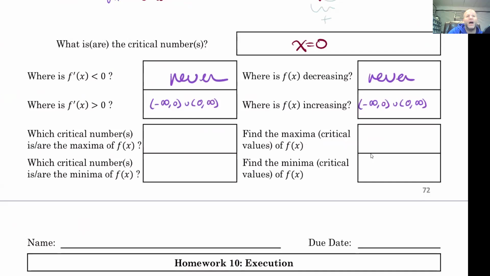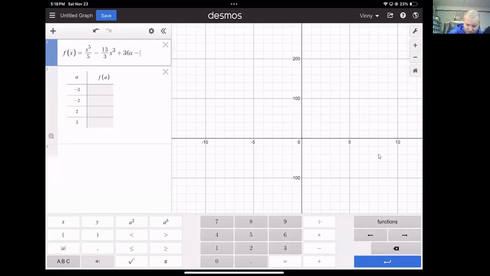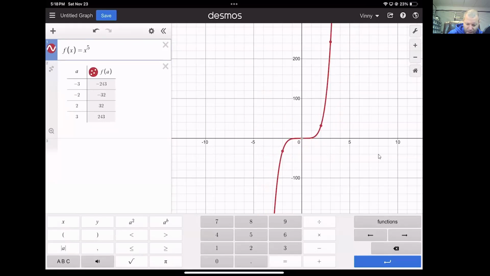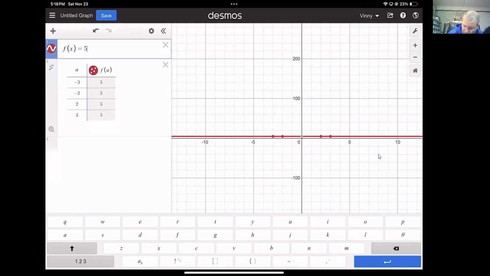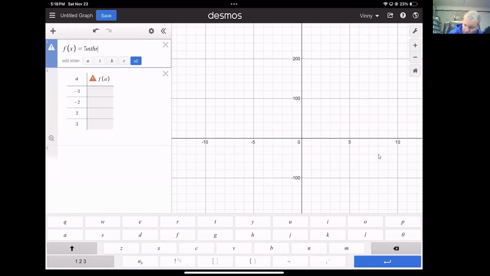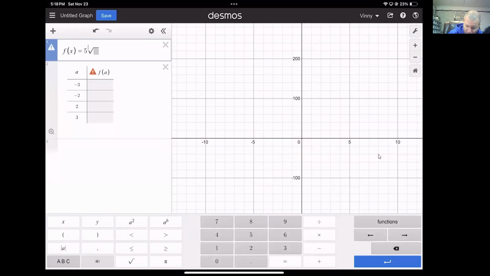This is actually a vertical line of tangency, right? If we graph this thing, and if we just got rid of this for a second, we would have a 5. Let's see, nth root. We got a little 5 in there. We got an x in there.